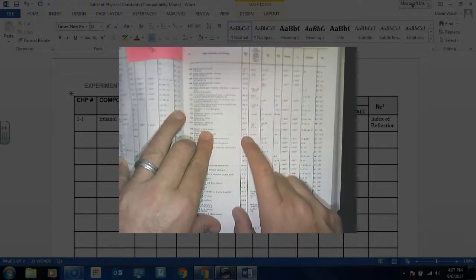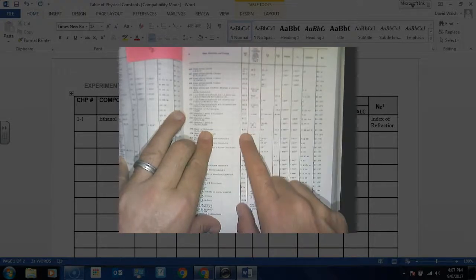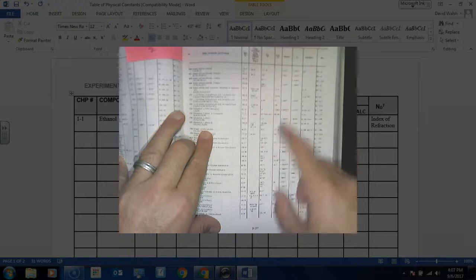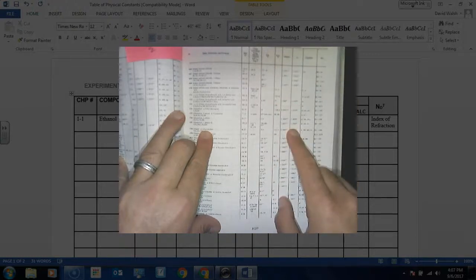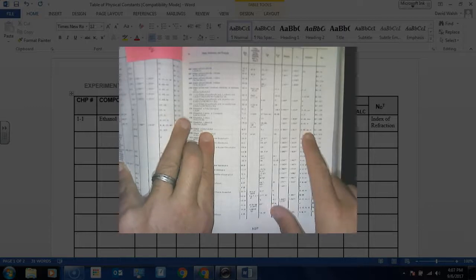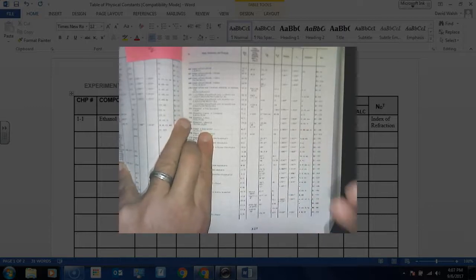Not really, but here's the molecular weight, and it's in grams per mole, 46.07. And here's the boiling point, and the melting point, and the density, and the index of refraction. And it also tells you whether it is soluble in ethanol, acetone, whatever. Ether, ETH is ether, water, in what things is it soluble.